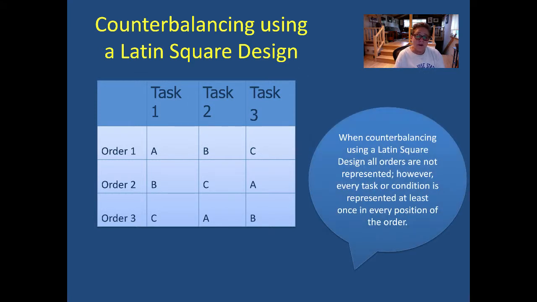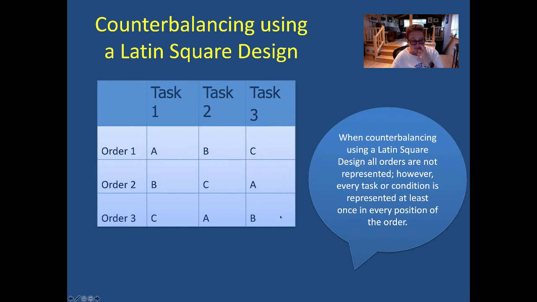Rather, what you see is that each task or condition is listed at least once in every position of the order. So what I want you to notice is task A is listed in position 1, position 2, position 3. Task B is listed in position 1, position 2, and position 3.